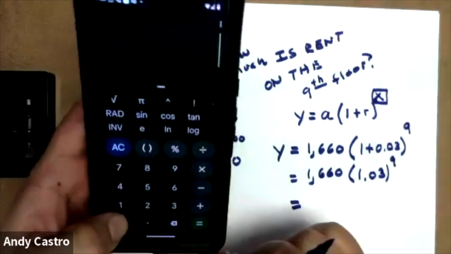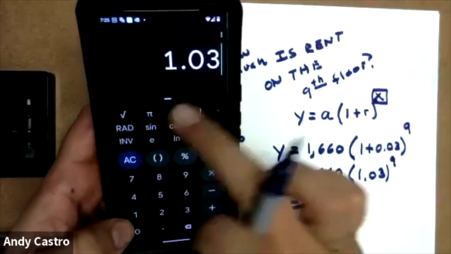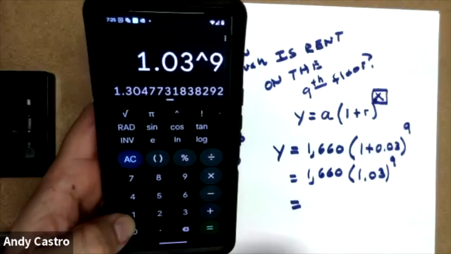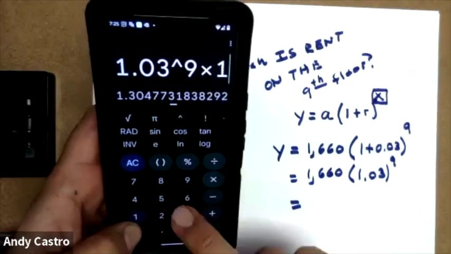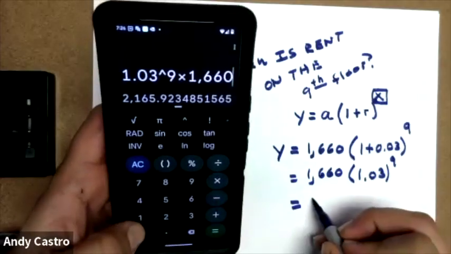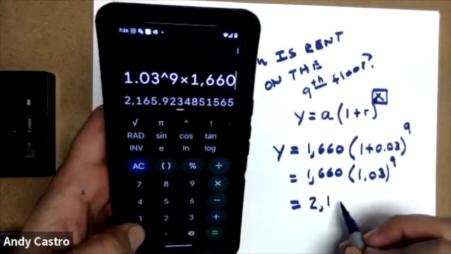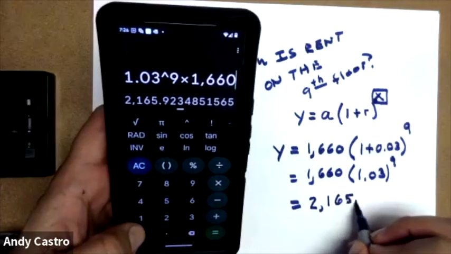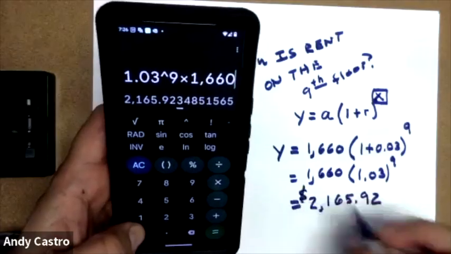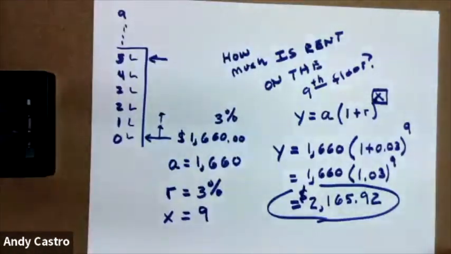And I look at 1.03 raised to the 9th power times 1,660, and I get $2,165.92. That's how much rent is going to be on the 9th floor.